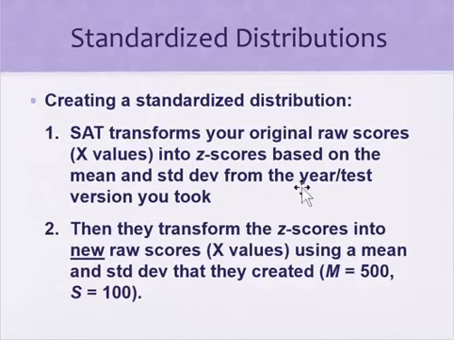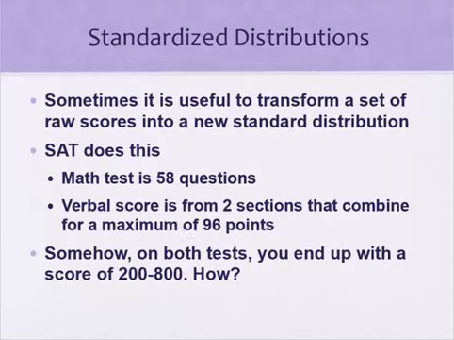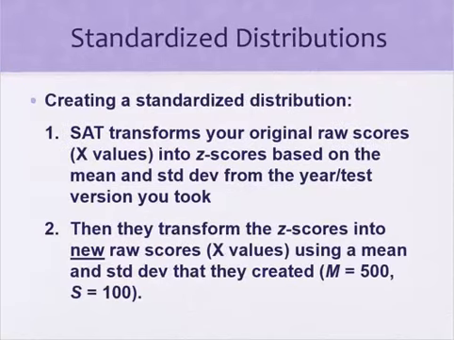They transform all your original raw scores, right? So the original raw scores that are either within 58 or 96 points, because they're coming from 2 distributions. They transform your original raw scores into z-scores based on the mean and standard deviation of the year you took the SAT or whatever test version they used, right?